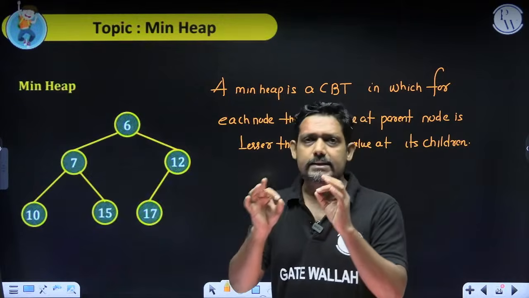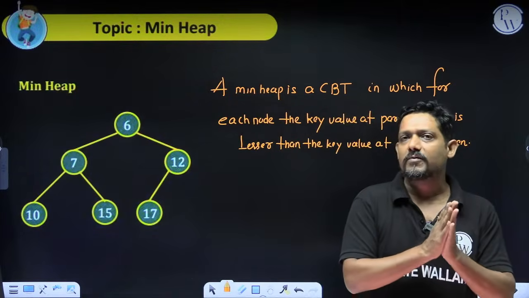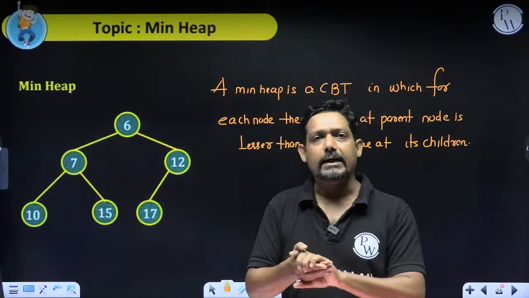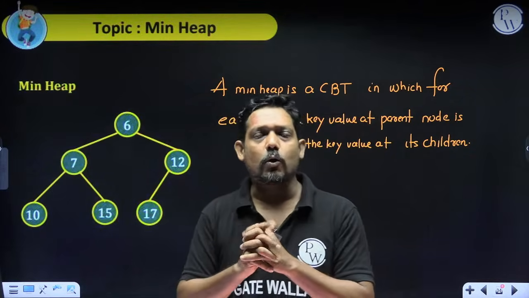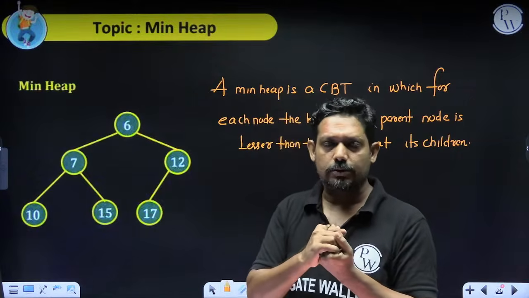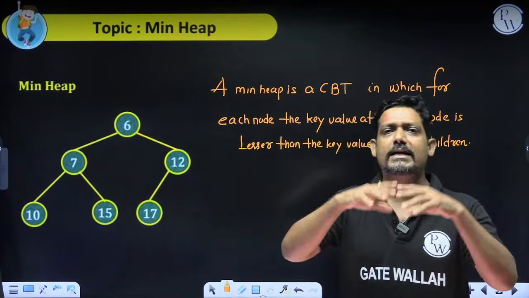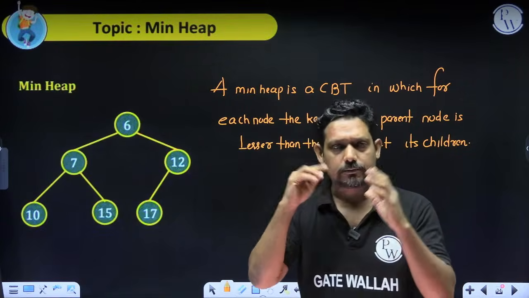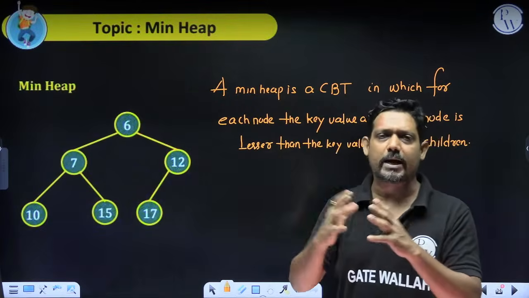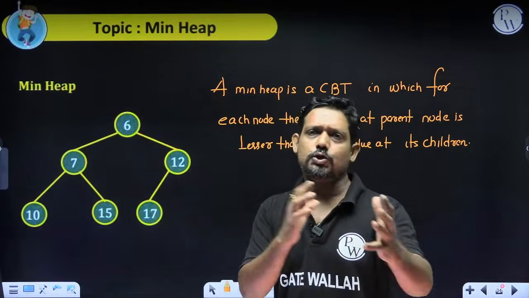Now this is a huge application in designing of algorithms, and that algorithm design technique is called the greedy method, where we want to minimize the overall cost, or sometimes we want to maximize the overall function. Like profit you want maximum, cost you want minimum.